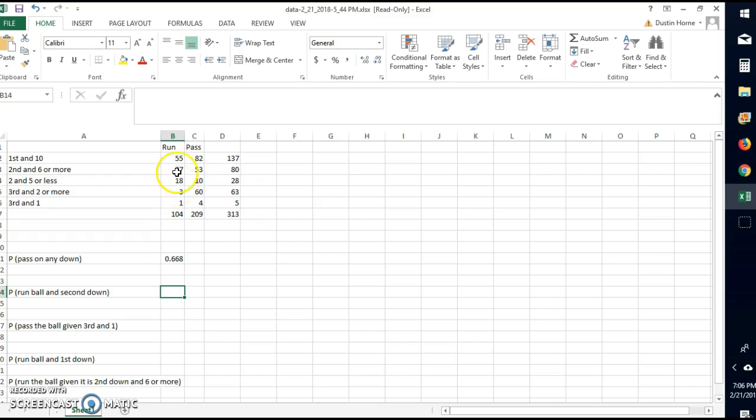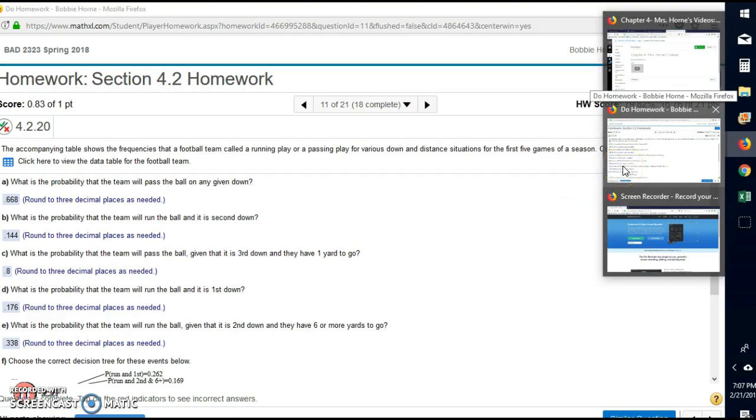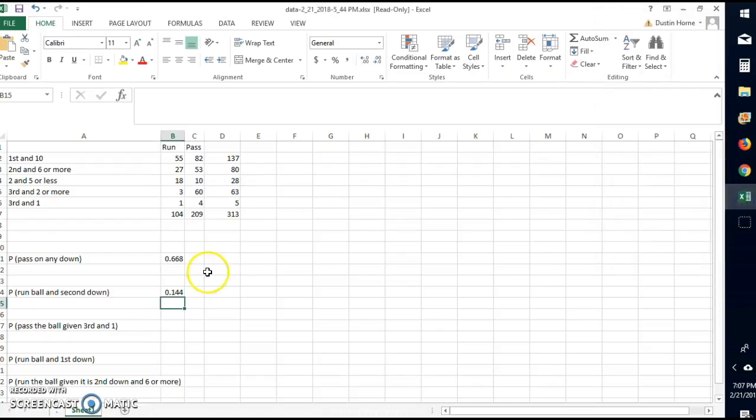So we ran it a total of 45 times out of 313 plays. So the probability that I will run the ball and it is second down is 0.144.